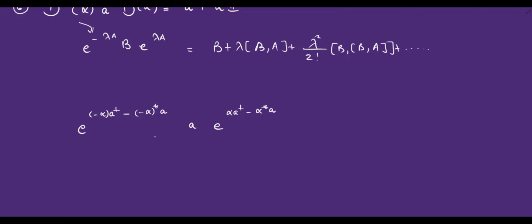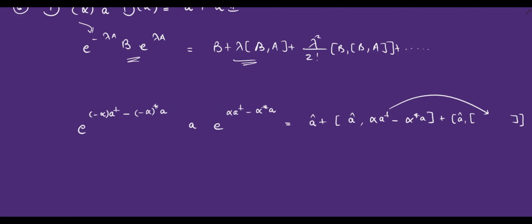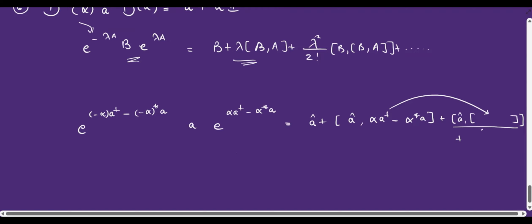Using this particular formula, this can be written as a cap plus a cap comma alpha a dagger minus alpha star a, plus a cap comma this commutator inside, divided by 2 factorial and so on.